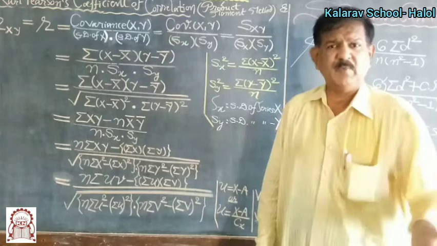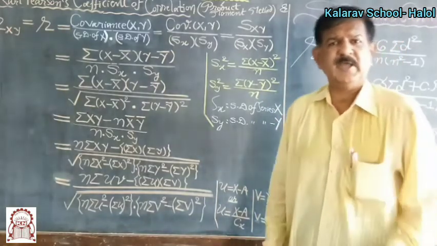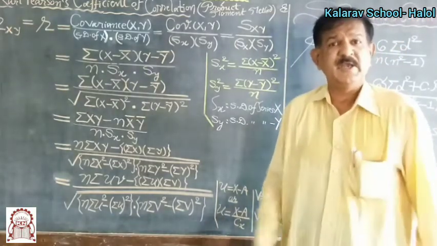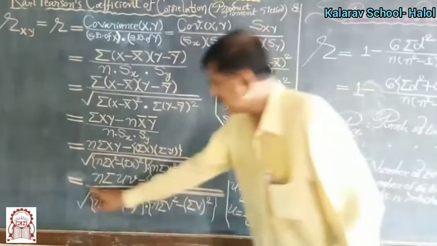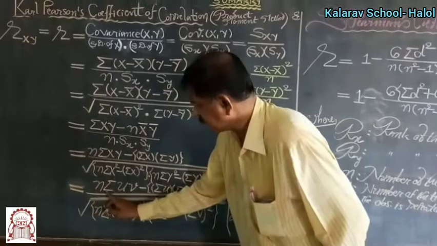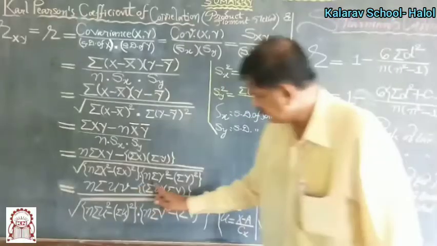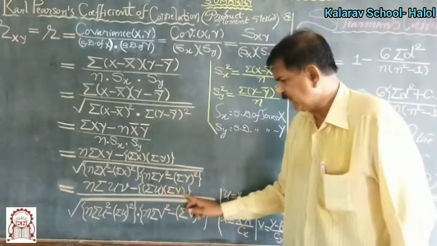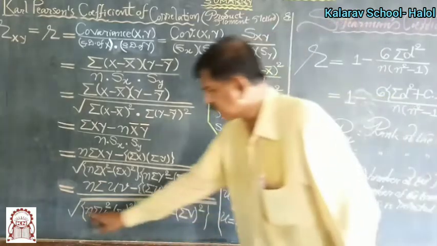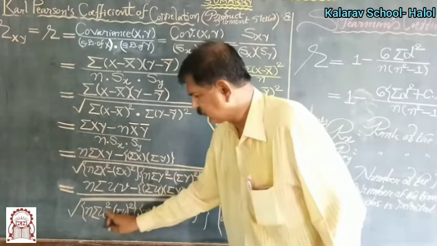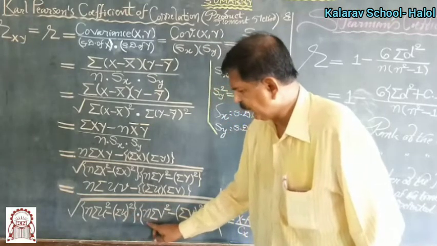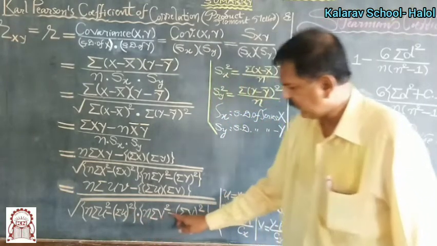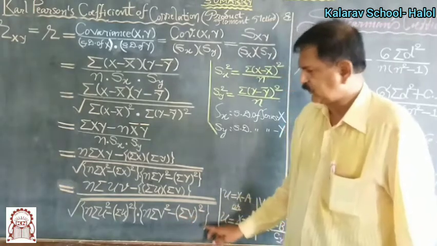If you want to convert or transform x and y into u and v, data may be reduced. Then in the UV method, r is given by n times sigma uv minus sigma u into sigma v upon square root of n times sigma u square minus sigma u whole square into the other bracket n times sigma v square minus sigma v whole square.